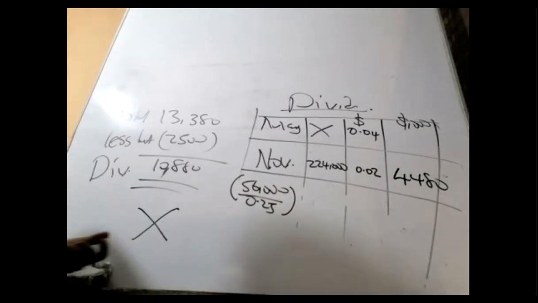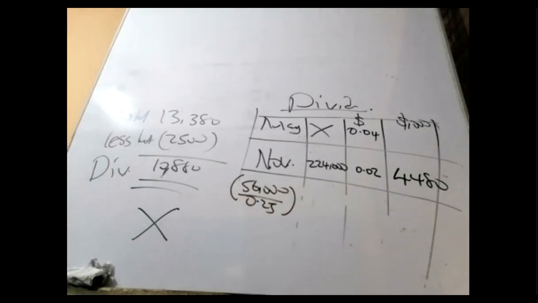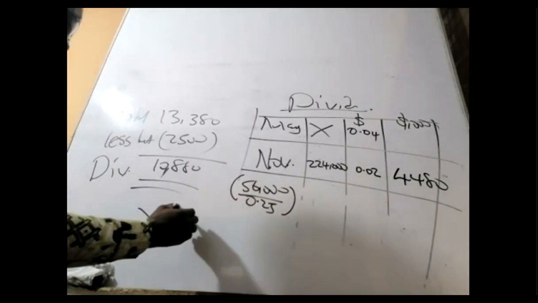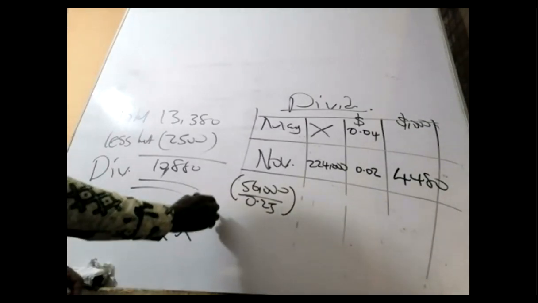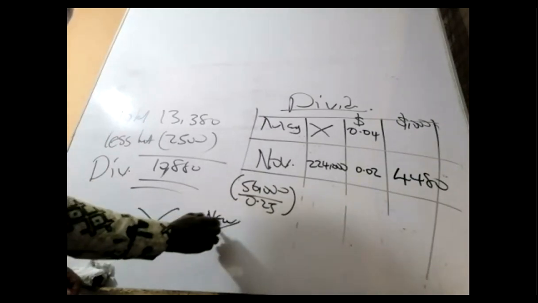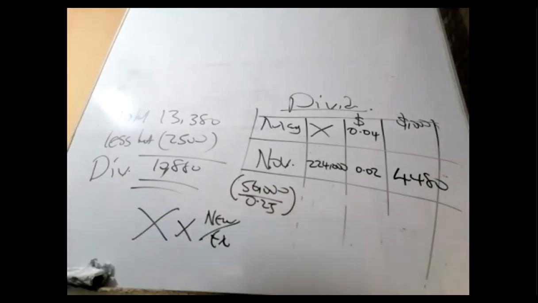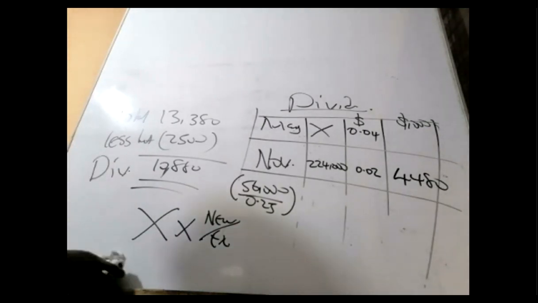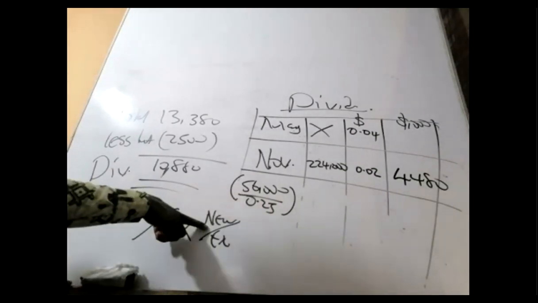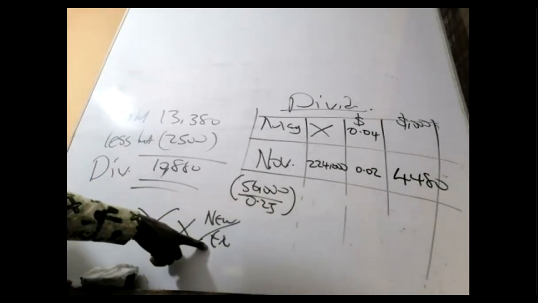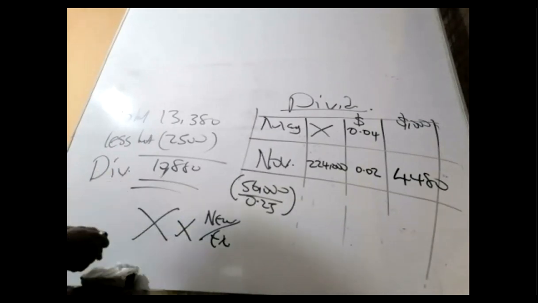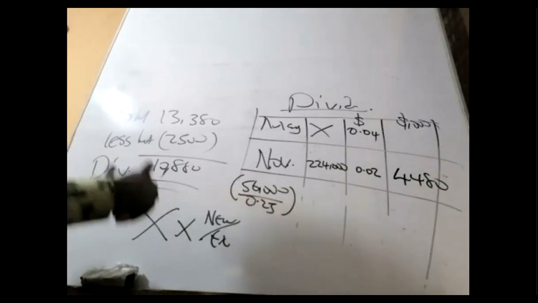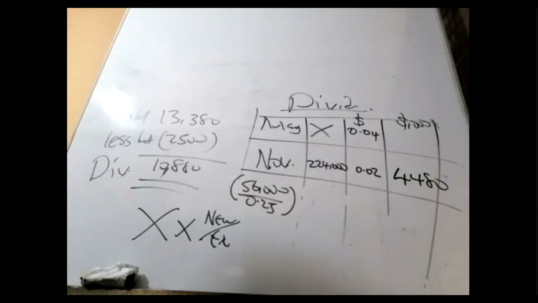Anytime there's a right issue, we multiply the existing shares by the new shares over the existing shares to give us the new shares. We know the new shares to be 2 and existing shares to be 5, times the total existing shares to give us the new shares.